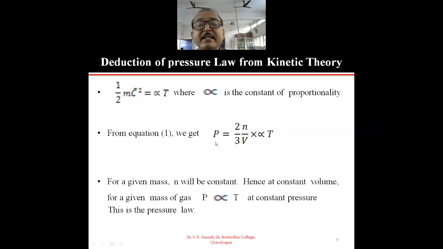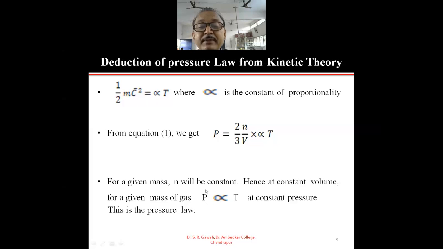So here again, what does pressure depend upon? n is the number of molecules, it is a constant. Alpha is the constant of proportionality, it is also a constant. So the pressure of an ideal gas depends upon the temperature and the volume. For a given mass, n will be constant, and hence at constant volume, for a given mass of a gas, pressure is directly proportional to the temperature, and this is nothing but the pressure law.